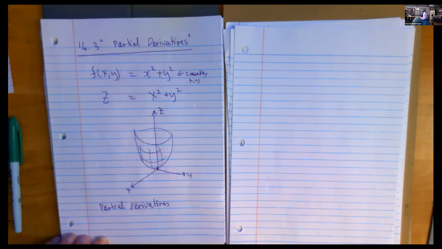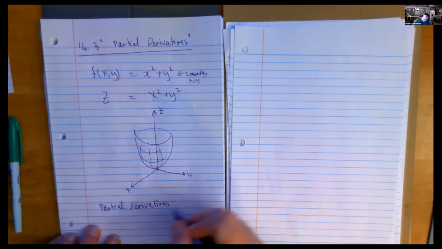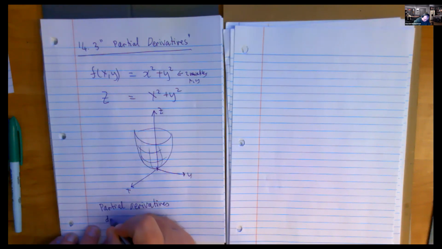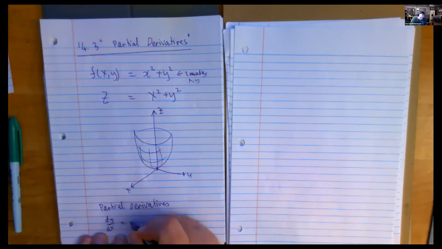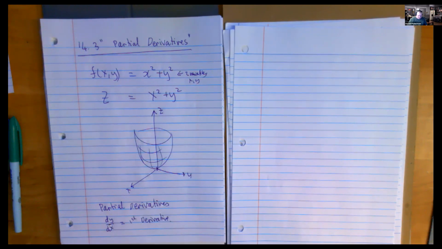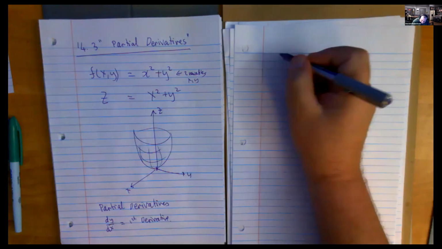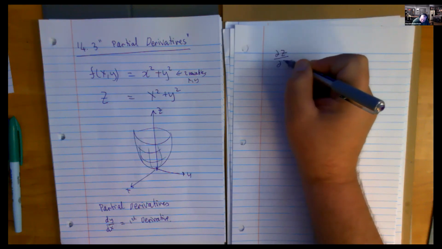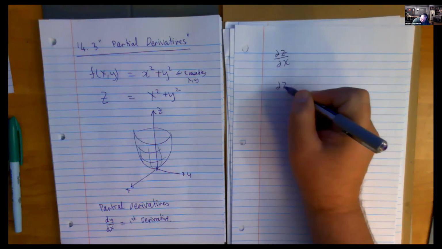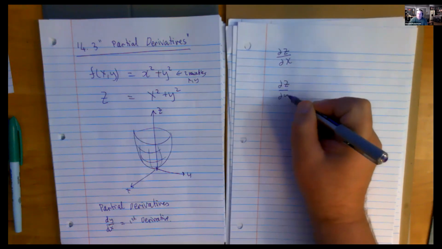And we have a different notation. Can you remember in Calc 1, one of the notations for derivative was a d, and you called it dy dx. Didn't that mean the first derivative, right? Great. The notation that we're going to use is that guy. And the other is that guy.